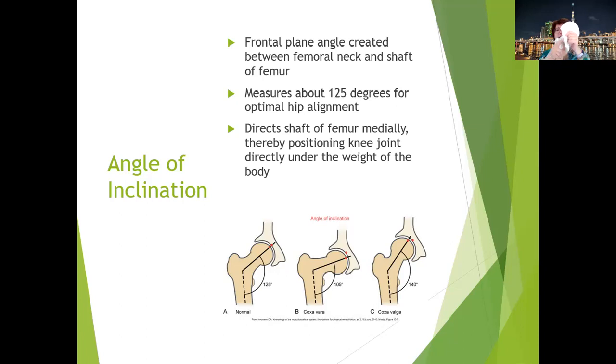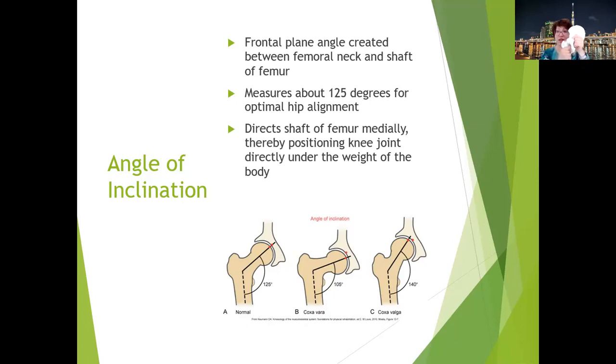So if you had a decreased angle of inclination, the distal end of the femur would have to move more medially in order for the head of the femur to rise up enough to articulate properly with the acetabulum, and you would end up knock-kneed, basically, or genu valgum is what they call it.